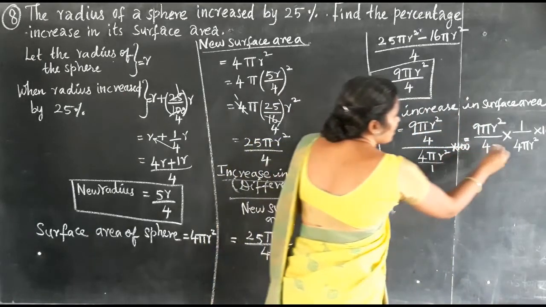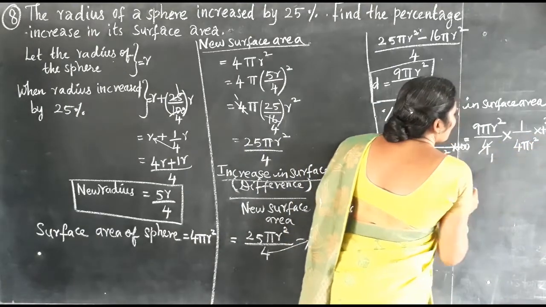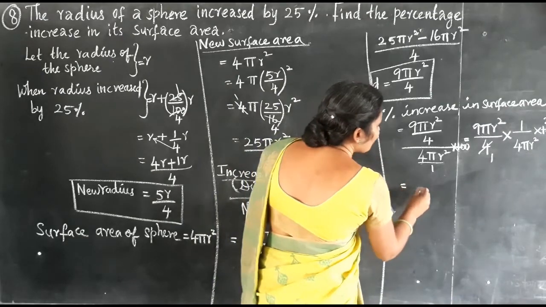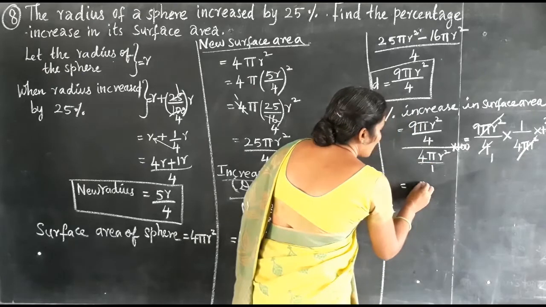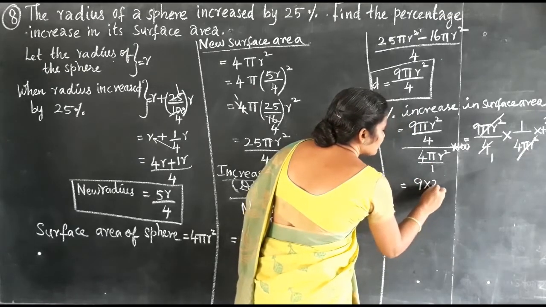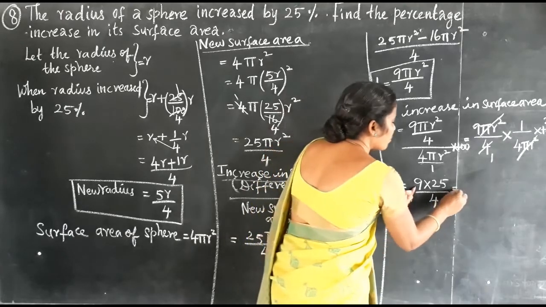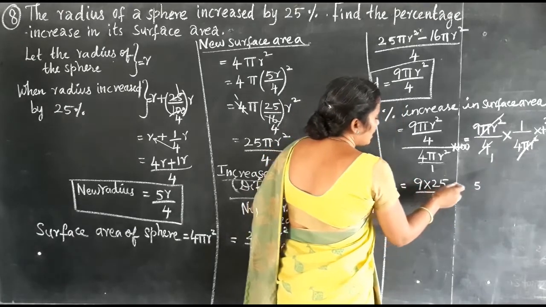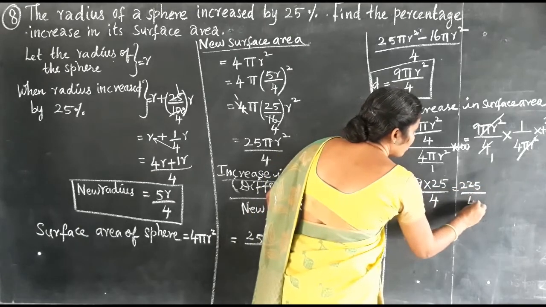Okay, now 4 ones are 4, 4 25s are 100. Pi R square cancels. 9 into 25 by 4. Okay, 9 5s are 45, remaining 4, 9 2s are 18, 19, 20, 21, 22, 225 by 4.